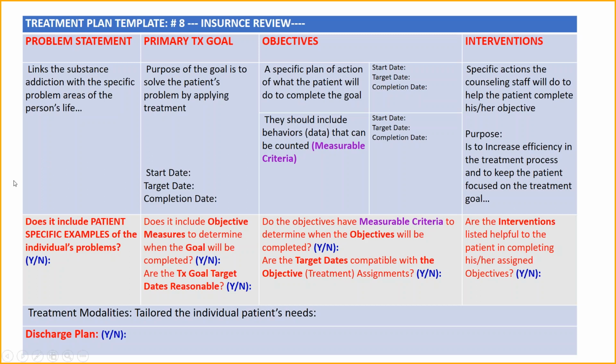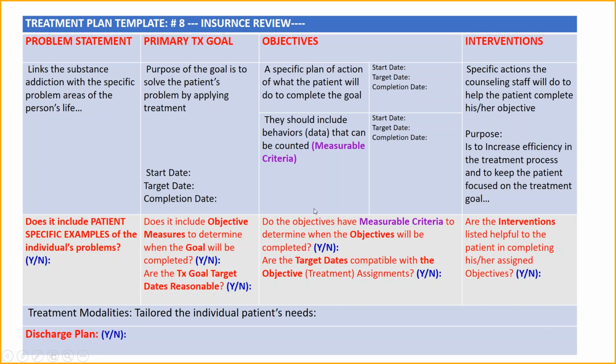And so look at your own treatment plan and ask, does it include objective measures to determine when the goal is completed or will be completed? And are the treatment goal target dates reasonable? Some are, some aren't.